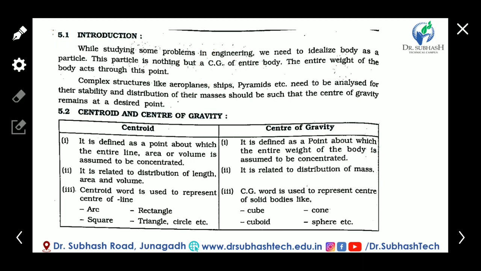Complex structures like aeroplanes, ships, pyramids, etc. need to be analyzed for their stability, and the distribution of their mass should be such that the center of gravity remains at the desired point. What is the importance of the center of gravity?